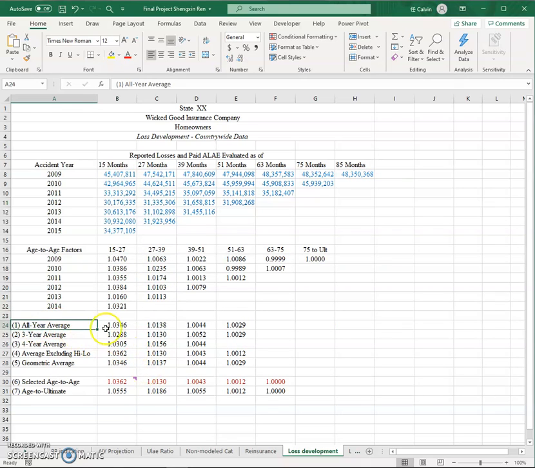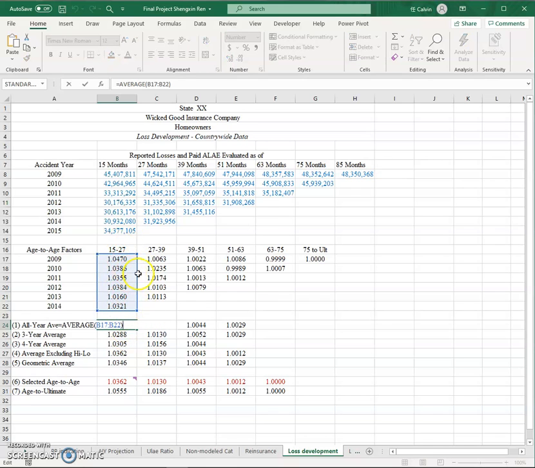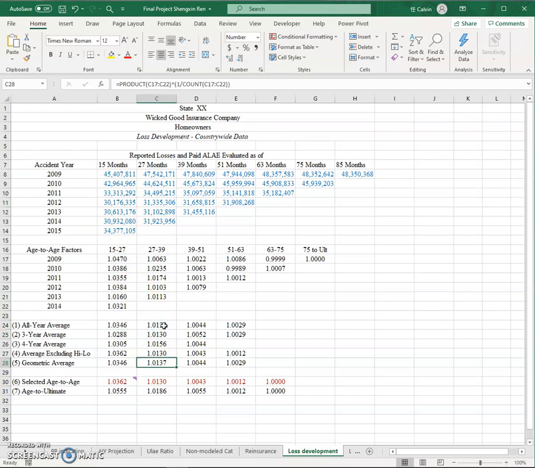So for the all-year average, we can just simply take the average of 15 to 27, and same here. All-year average is the average of all the numbers, and the 3-year average uses the current 3 years to figure out the average.